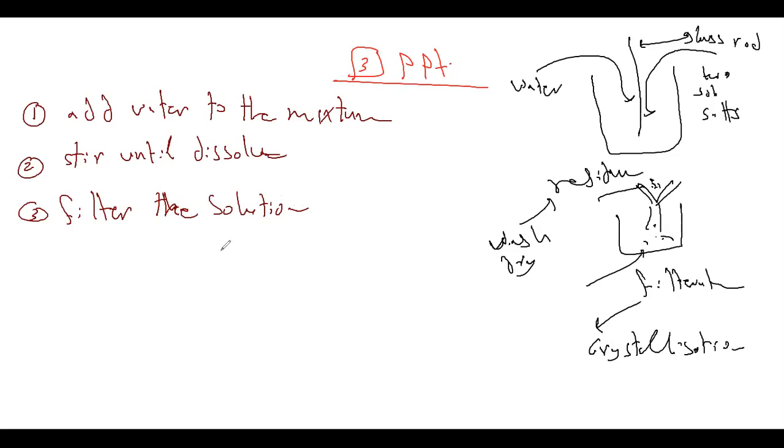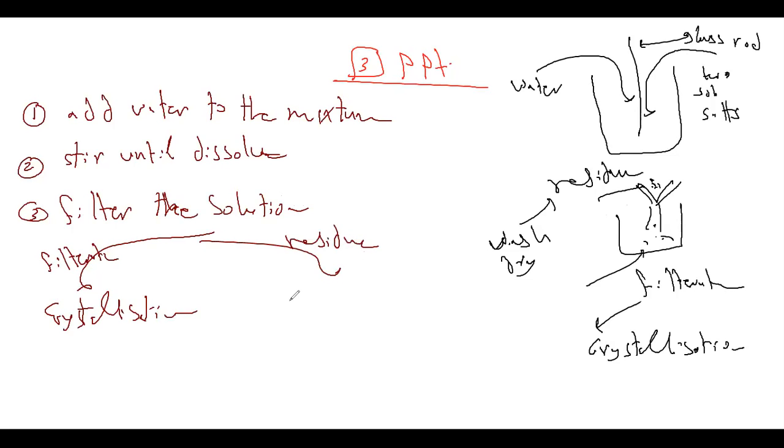After filtration, if we need the filtrate, we make crystallization. If we need the residue, wash with distilled water, then dry. This is for the third one. So we add water to the mixture, stir until dissolved, then filter. If we need the filtrate, we make crystallization: heat, cool, filter, dry. If we need the residue, wash and dry.